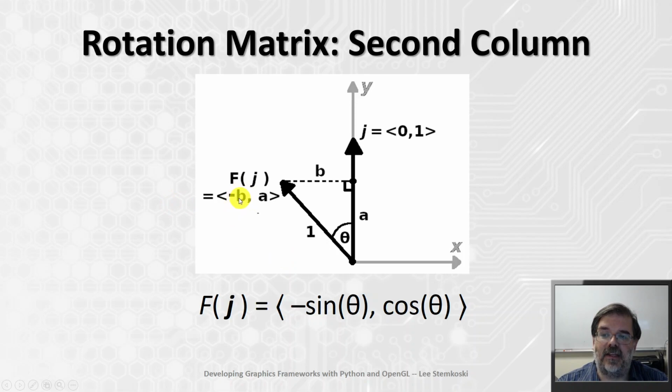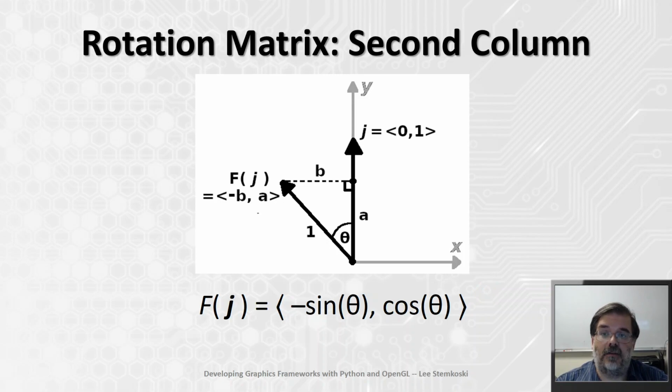That's why we have negative b. So the first component is going to be the negative of this side length. That's why this time the output, the final answer, is negative sine theta, comma, cosine theta. So this is the image of the vector j. This is going to be the second column of our matrix.